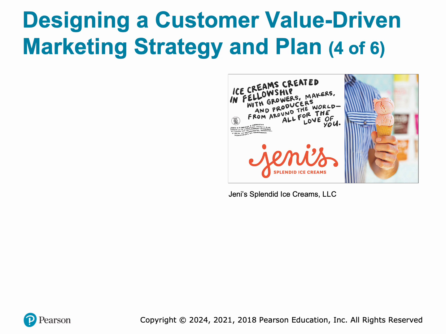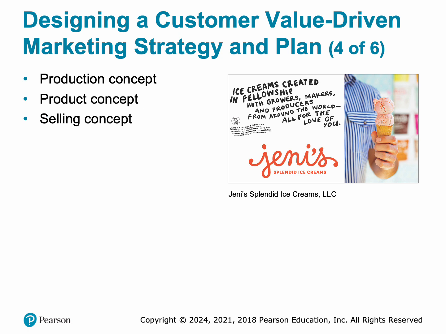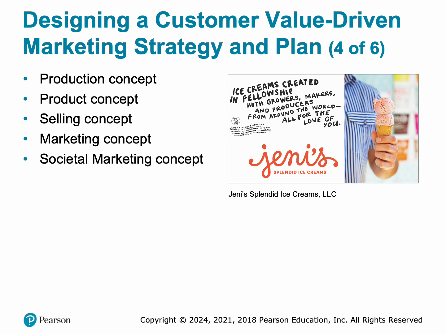So now we talk about market orientations. There are 5 alternate concepts under which organizations design and carry out their marketing strategy. The production concept, the product concept, the selling concept, and the marketing concept, and societal marketing concepts.